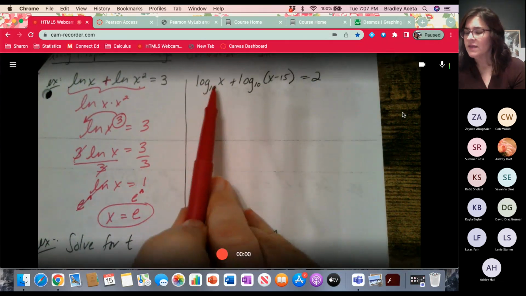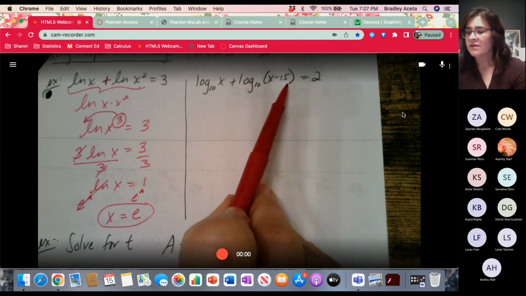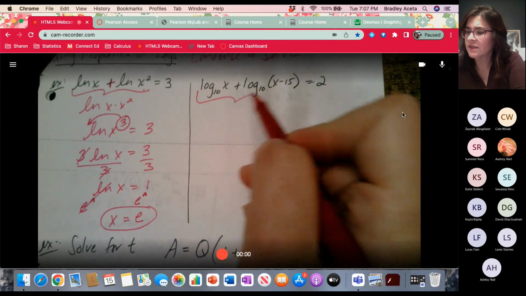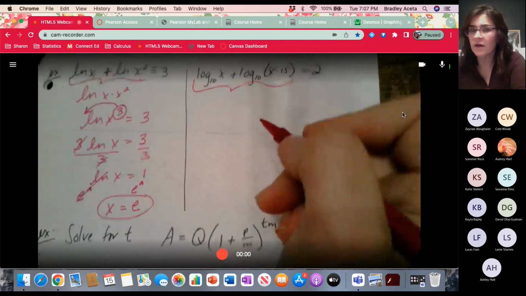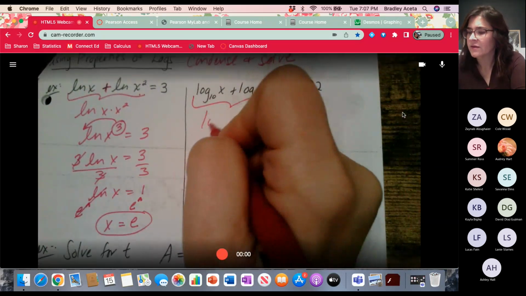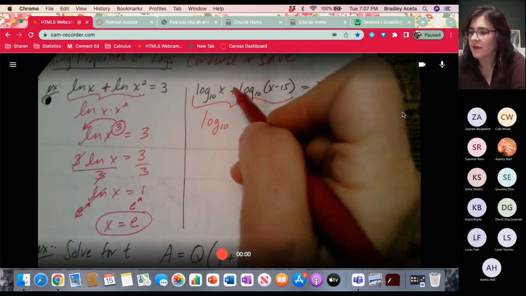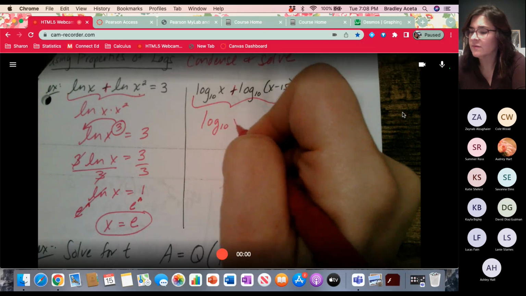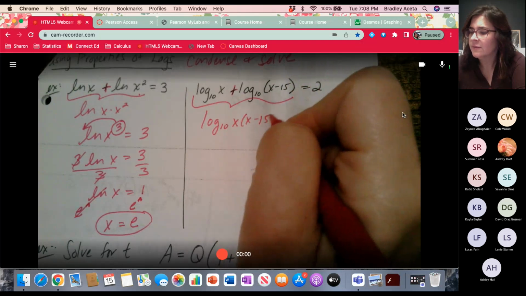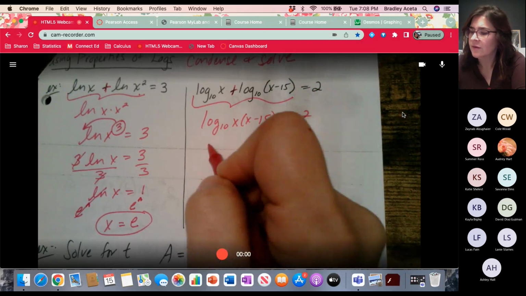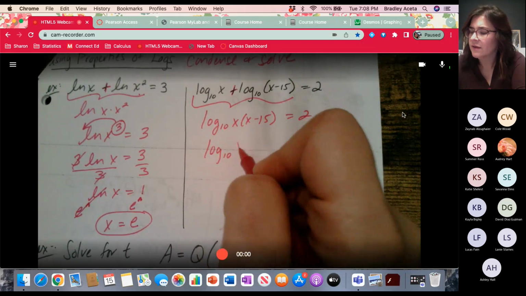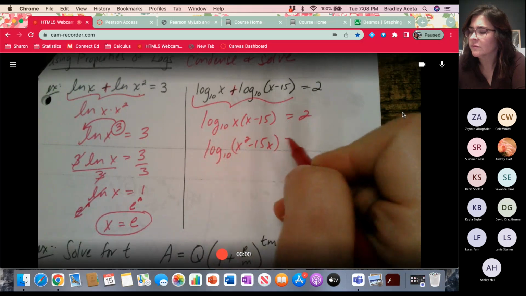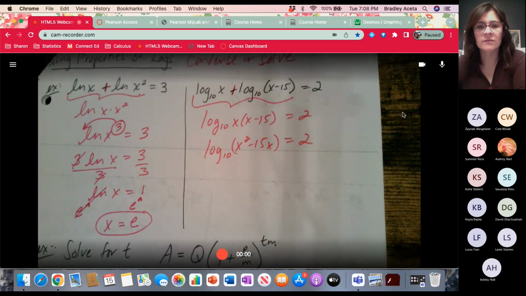Let's do this one. Log base 10 of x plus log base 10 of x minus 15 equals 2. Again, I want to condense this side to one log. So log base 10, when I'm adding, I actually multiply x times x minus 15, which is really x squared minus 15x equals 2.